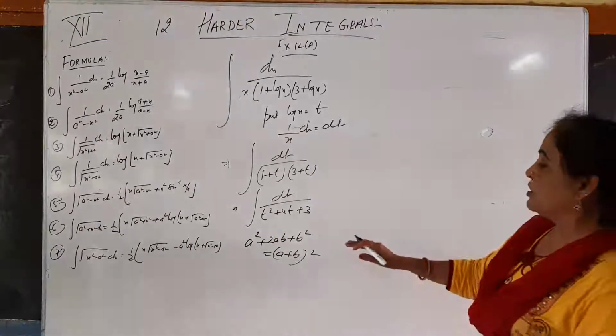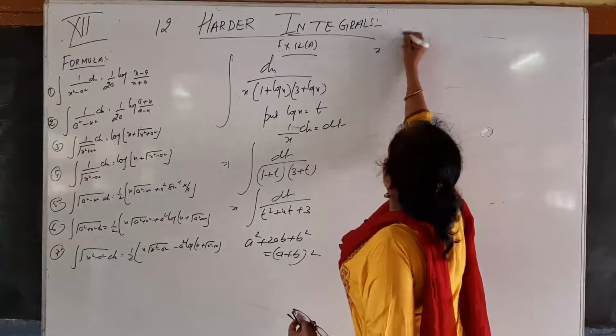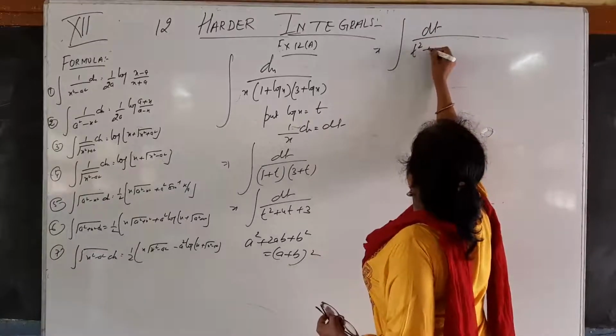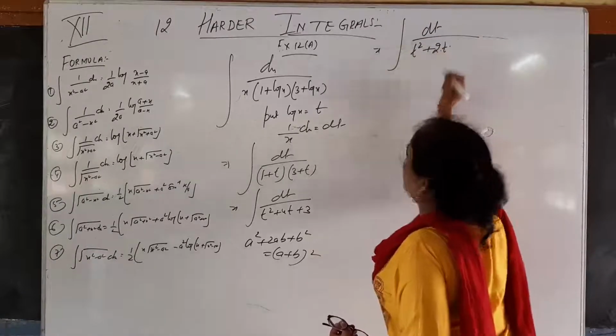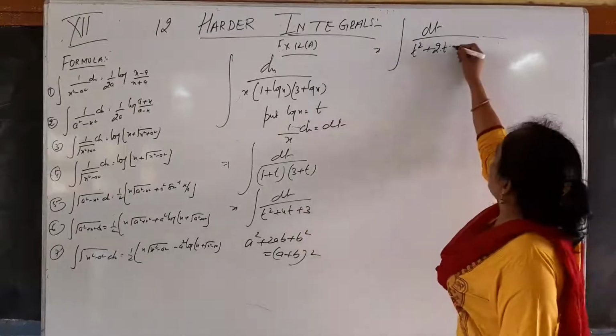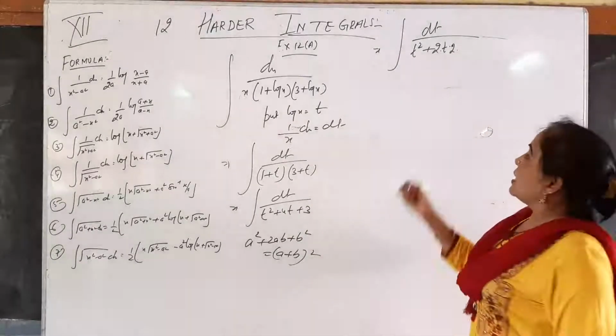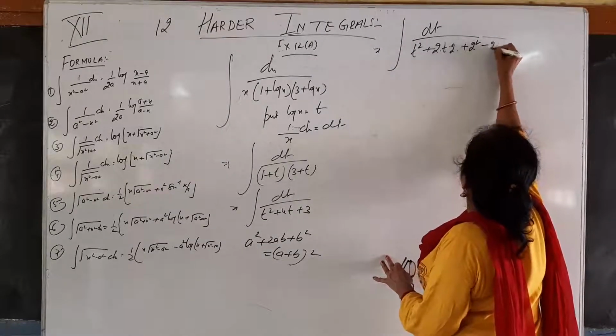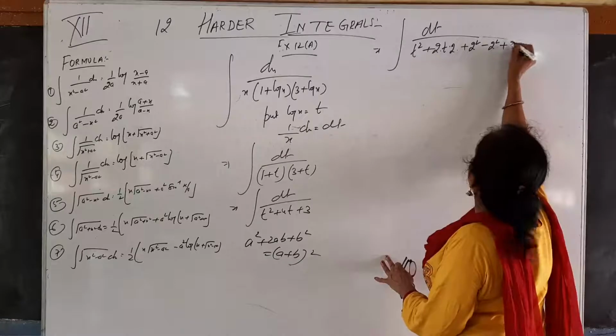Now reduce here. So we can write like this, integral dt upon t square plus 2 into t. Now here 4 is given, so what is our b? b is 2. So b square means 2 square we have added, subtract 2 square and plus 3.